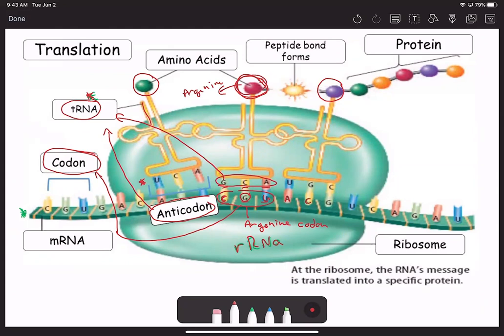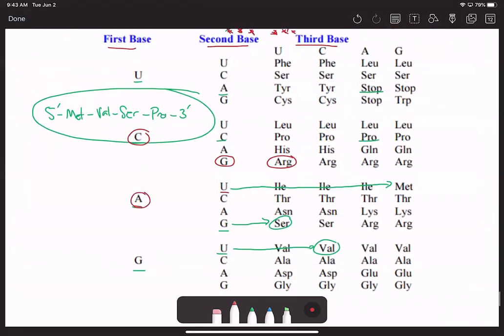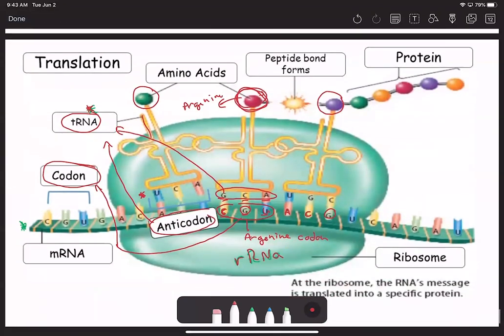A, C, G: threonine. So here is the codon for threonine, and this is the amino acid threonine.